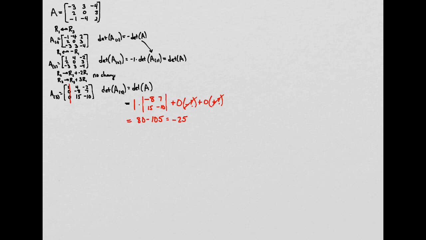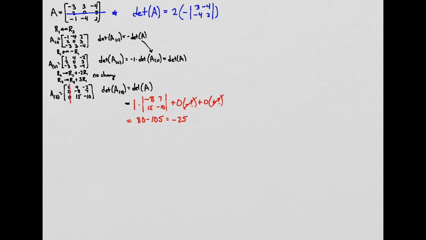If we were to go back to the original matrix and calculate the determinant, let's expand across. How about we expand across the second row? So the determinant of A is equal to 2 times the cofactor, so that's the negative determinant of what I get if I get rid of the first column, 3, -4, and -4, 2.